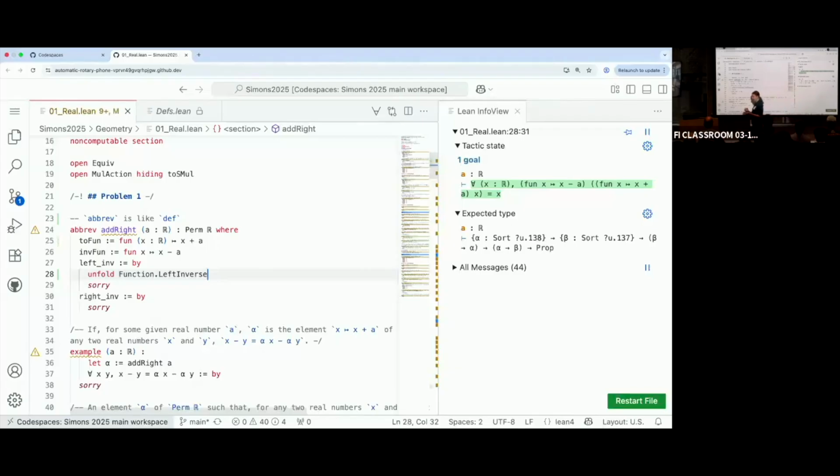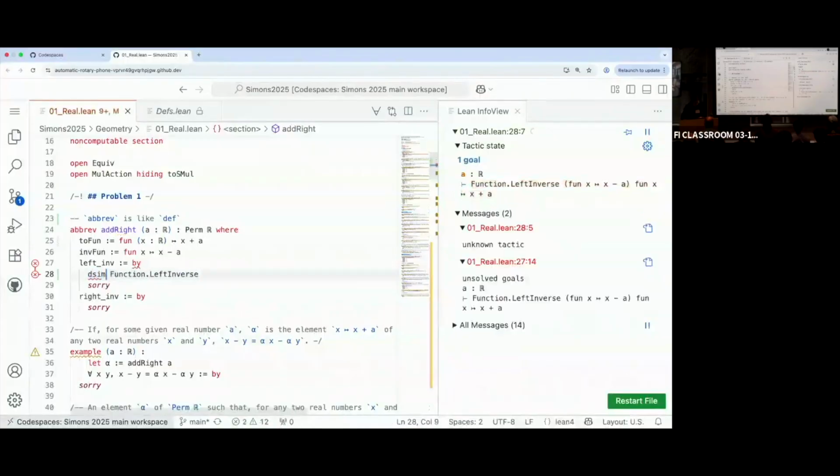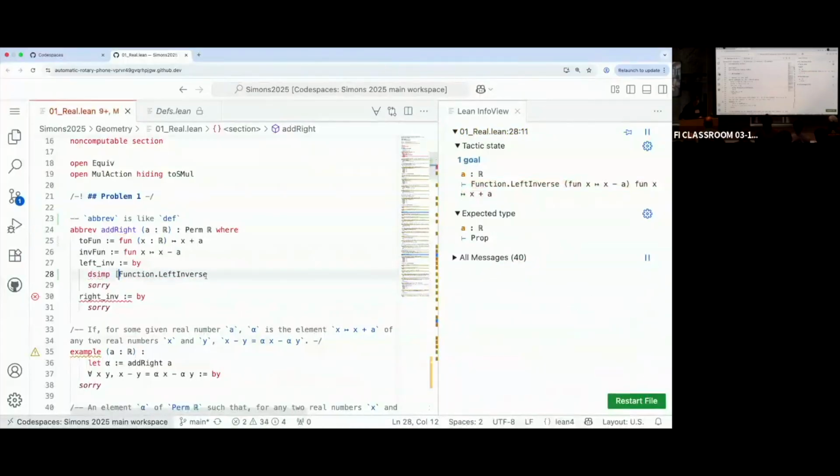If I do dsimp rather than unfold, it will also take apart the application of x maps to x minus a to the application of x maps to x plus a. That's my preferred tactic for this kind of task. When I do it with dsimp, I immediately simplify down to having to prove that for all x, x plus a minus a equals x, which is really what's going on underneath all of that.